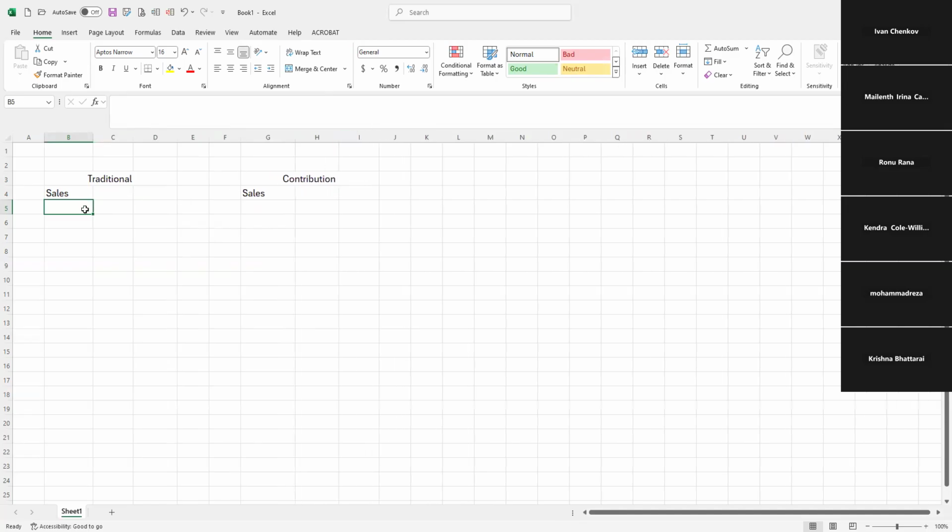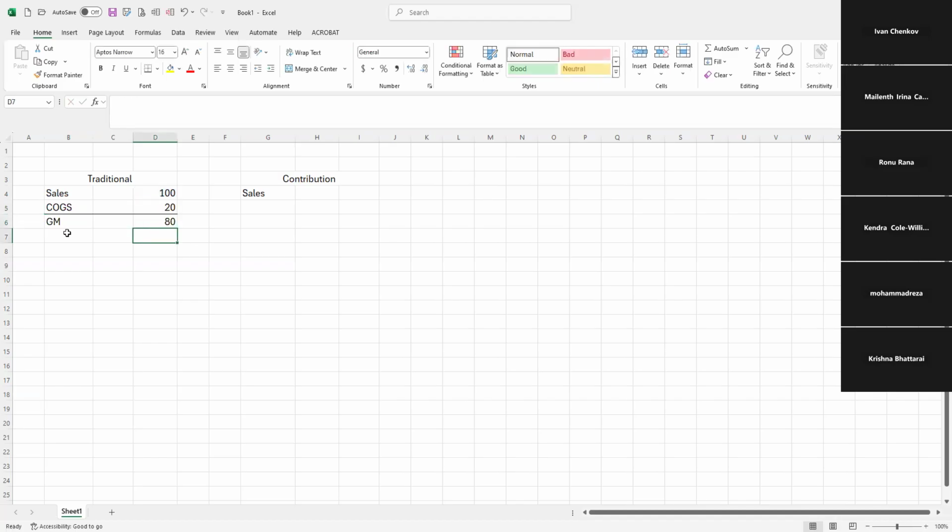So on the traditional income statement, after the sales, we have cost of goods sold. And after cost of goods sold, we have gross margin. That's the first calculation. Gross margin is a calculation, right? So if my sales are 100 and my cost of goods sold is 20, my gross margin in this case is $80.